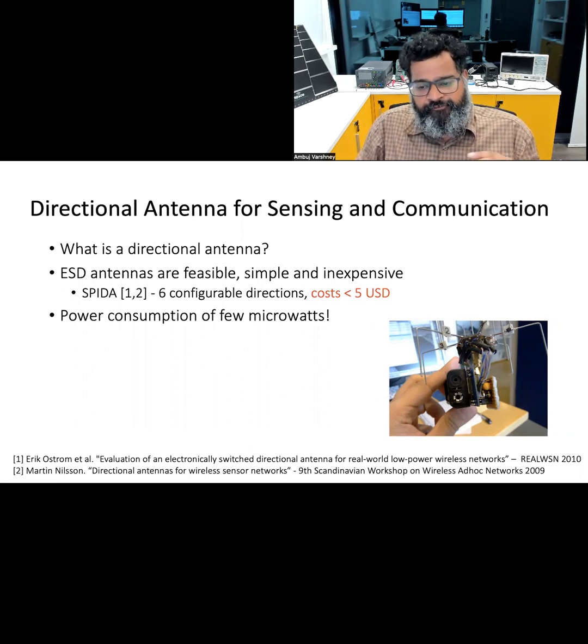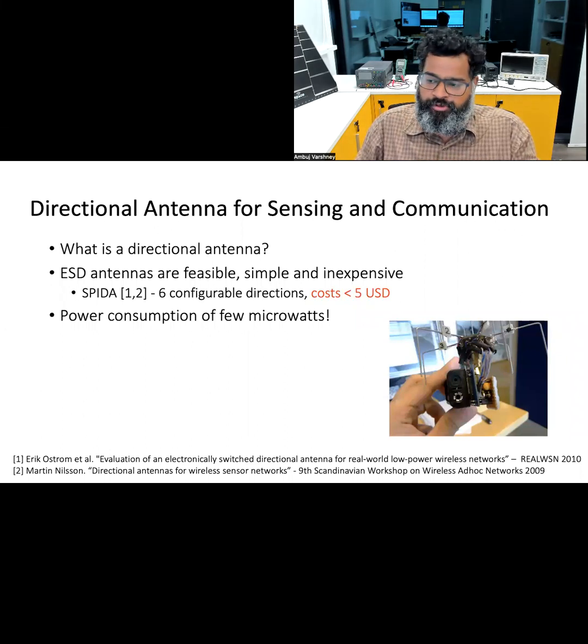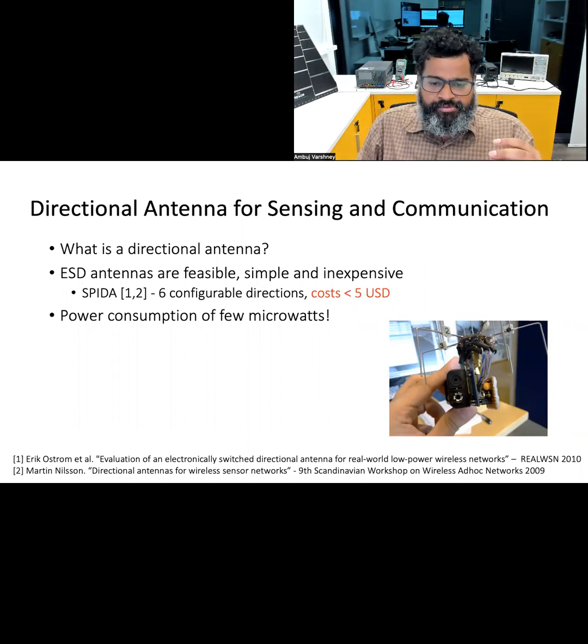These antennas are feasible, simple, and inexpensive. For example, the SPIDA antenna that you see on the slide can be configured to 6 possible antenna directions in software, and it costs just a few US dollars to manufacture. These antennas are also extremely low power consuming. By just controlling a small RF switch, you can control the direction in which it radiates more or less energy.